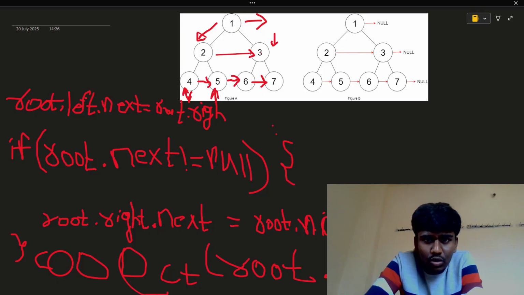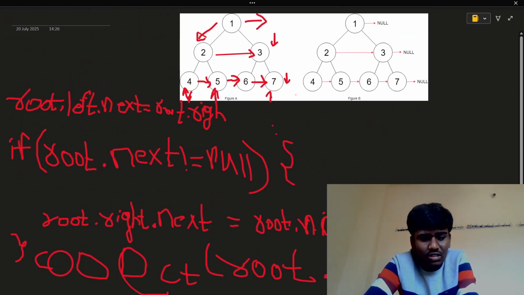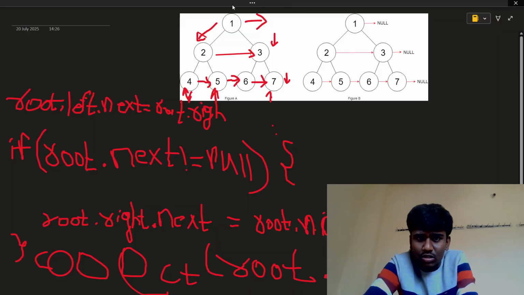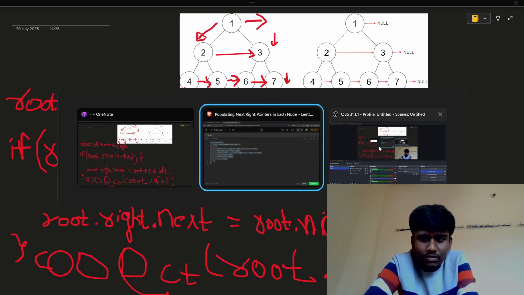You will return to him and he will call root dot right, and when root dot left value is equal to null, we'll return null. Then we'll return to root, and that's it. If you see there, we have connected all the nodes, and that's the conclusion I wanted to make sure of, that we have finally connected. Yeah, that's it. Thank you.